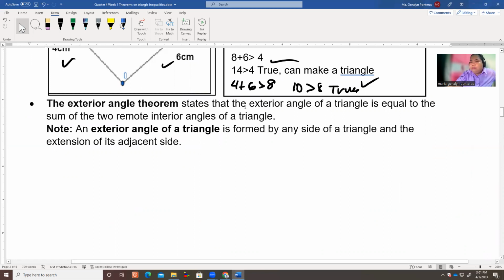So to get the measure of the exterior angle, you have to add the two remote interior angles. Pero kung may protractor ka, sige, use the protractor. Pero kung wala, yun ang gagawin mo. You have to add the two remote interior angles of an exterior angle.